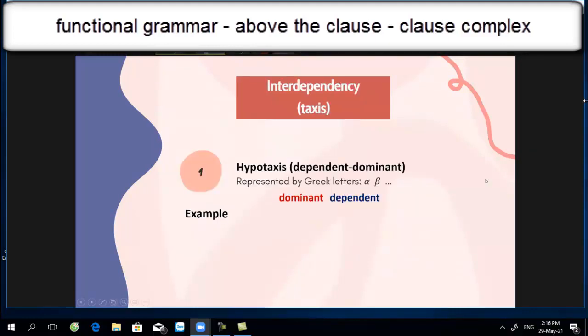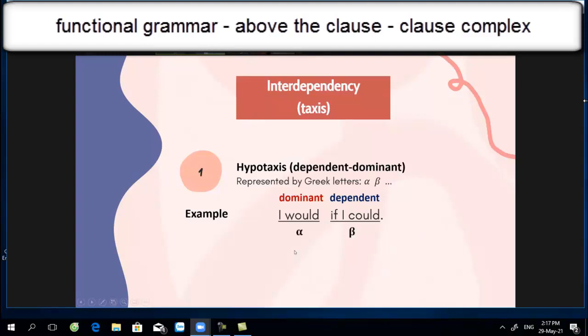Now let's have a closer look at each type. So for hypotaxis, as I told you earlier, we have dominant and dependent elements. So look at this example. I would if I could. And for this sentence, I would is the dominant clause. If I could is the dependent clause.